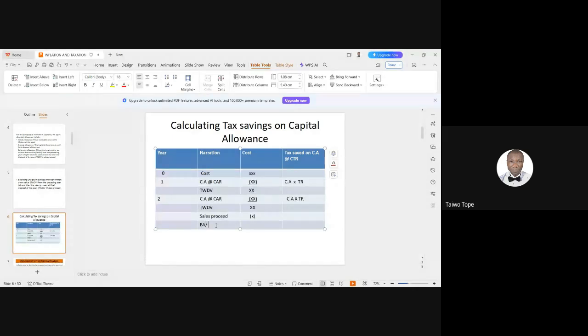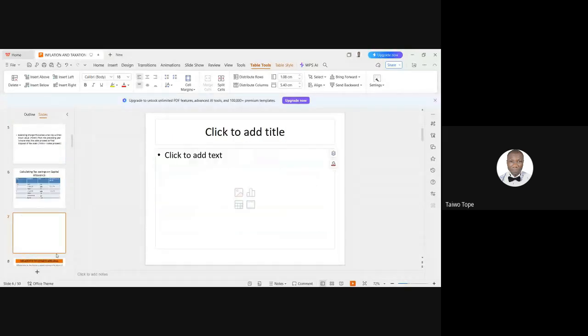But where it is the other way around, it will be balancing charge. We'll pick an example to show all this in figures. Let's take this example to explain this.